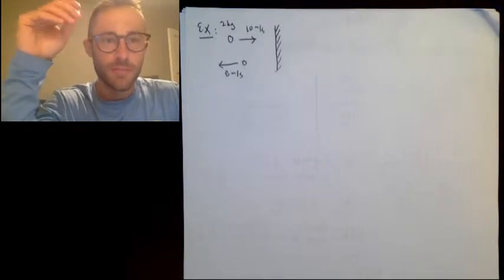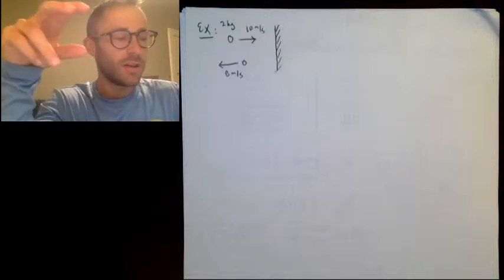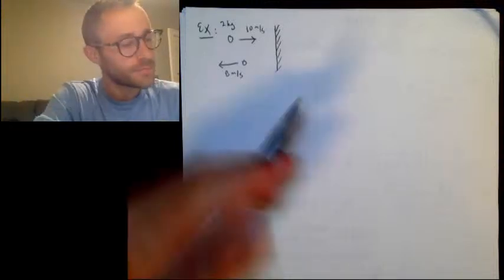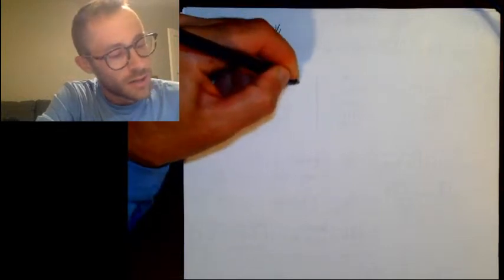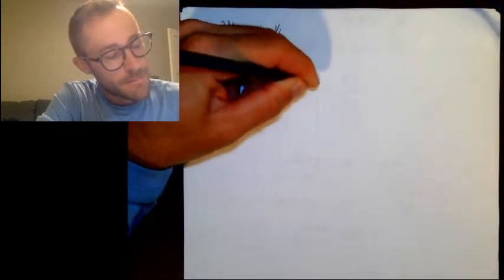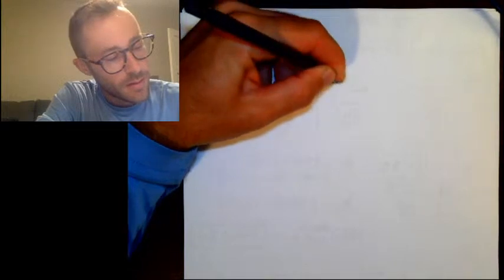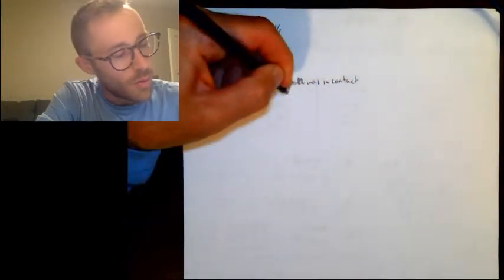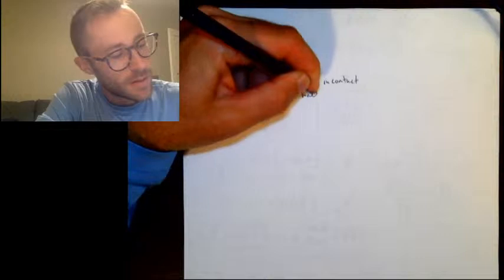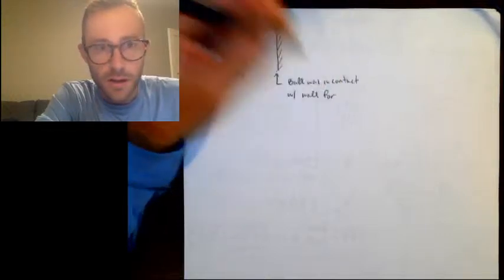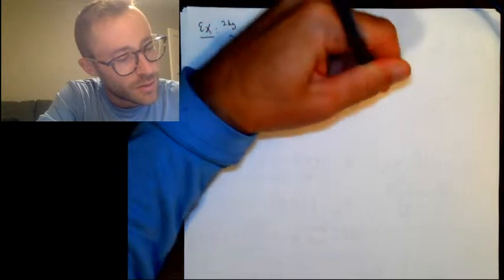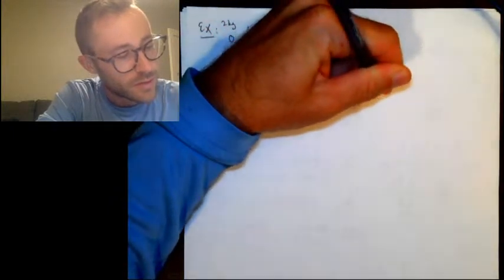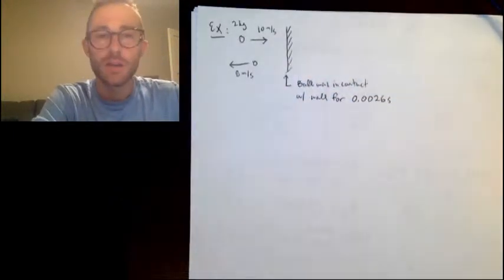And so because you have this high-speed camera, you know that the ball was in contact with the wall for, let's say, 0.0026 seconds. Okay?